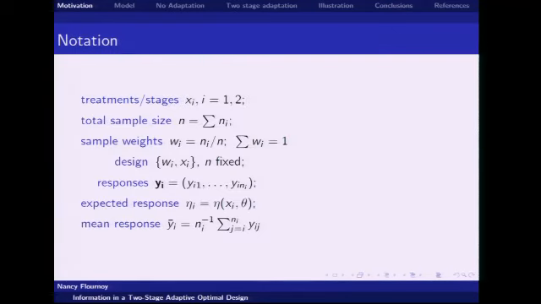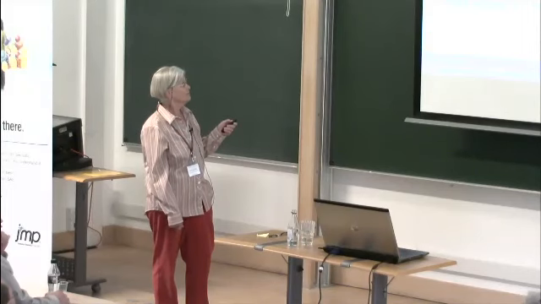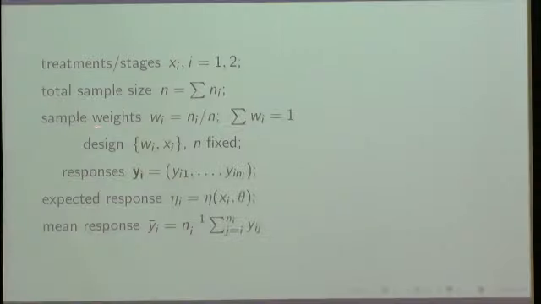So here's the notation. It's pretty standard, but I'll go through it because it's a lot. So we have treatments. If they were independent, we'll talk about them sequentially as stages, xi. We only take 2 because, again, I want to keep it simple. We have our total sample size being the sum of the individual samples.